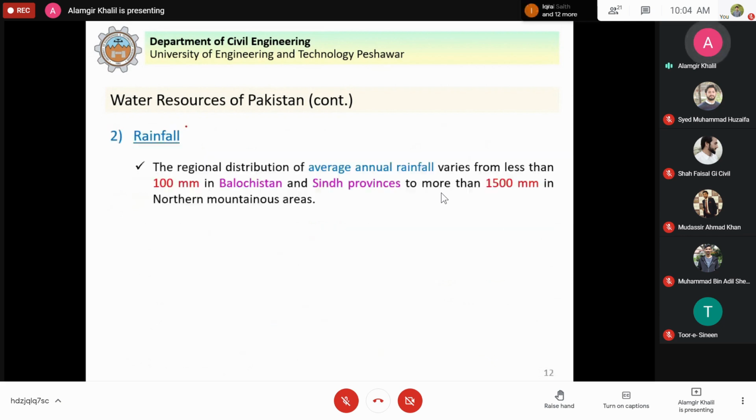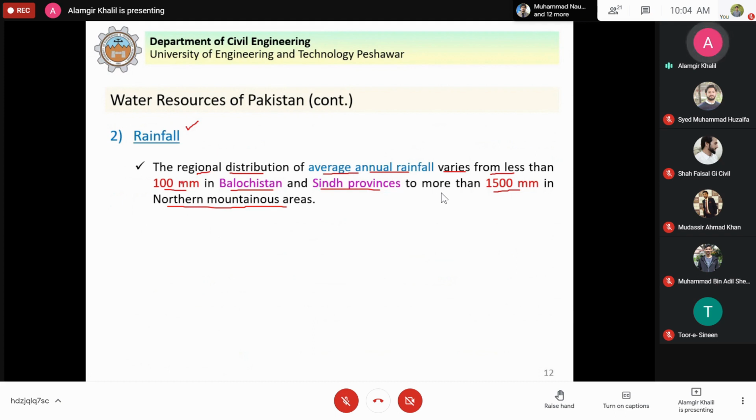The second one is the rainfall. The regional distribution of average annual rainfall varies from less than 100 millimeter in Balochistan and Sindh provinces to more than 1500 millimeter in northern mountainous areas.